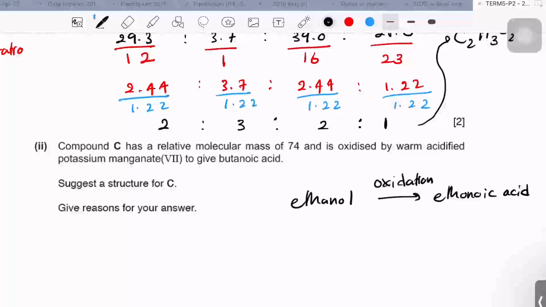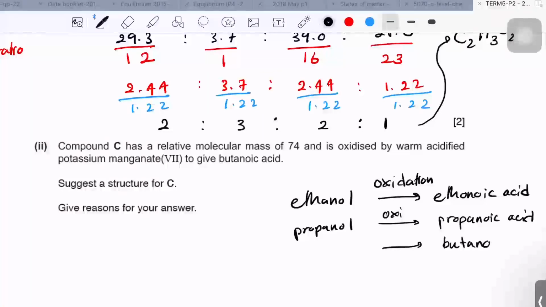Ethanoic acid can be formed by oxidation of ethanol. So propanoic acid can be formed by oxidation of which alcohol? Propanol. So ethanoic acid is formed from ethanol, propanoic acid is formed from propanol. Then butanoic acid is formed by what?